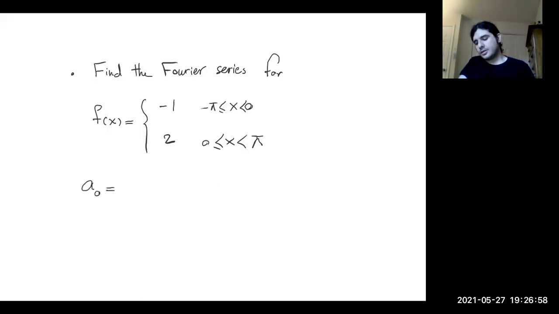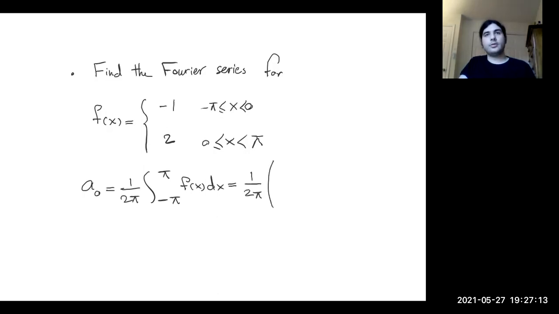It is supposed to be 1 over 2 pi, integral from minus pi to pi of f(x) dx. In this case, it's obvious that we can break the integral into two parts, from minus pi to 0, and then the integral from 0 to pi.